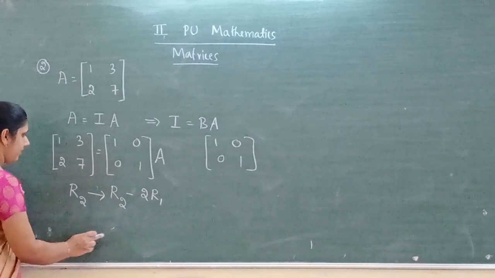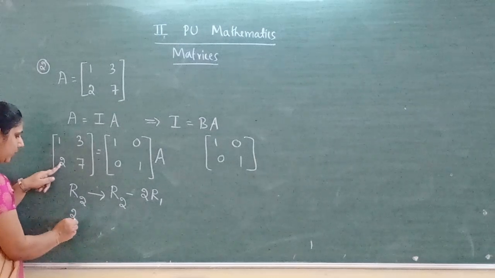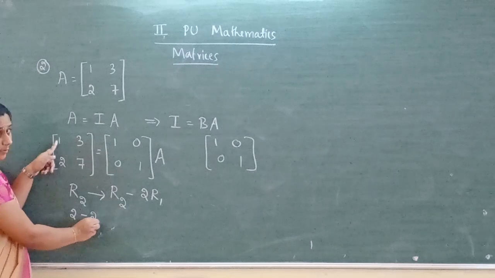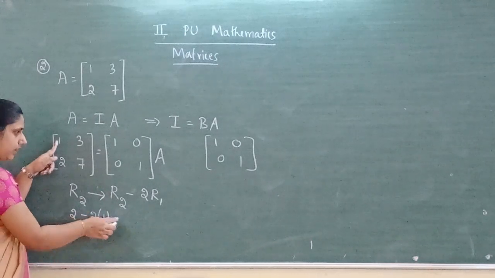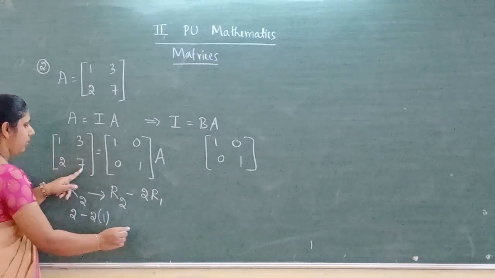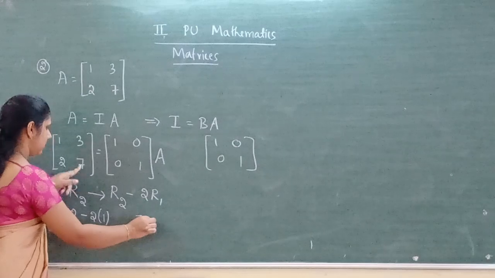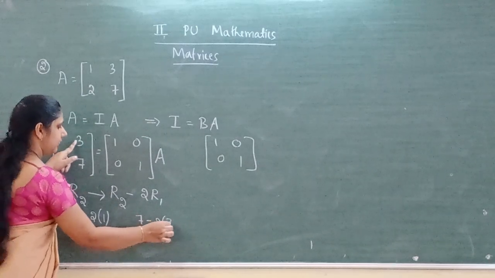See, I will do here. Element of R2 is 2 minus 2 into element of R1, that is 1. Now 2 minus 2 becomes 0. Now for this element, 7 minus 2 into the element of R1, which is 3.